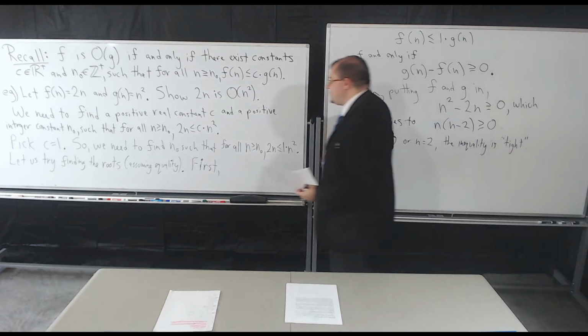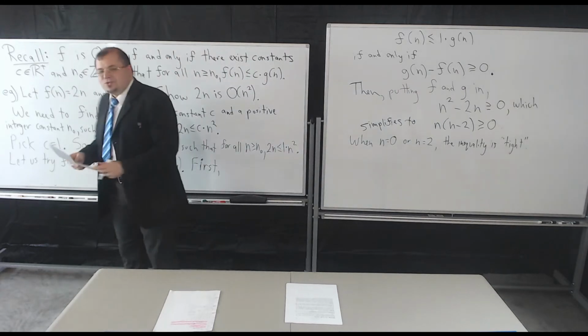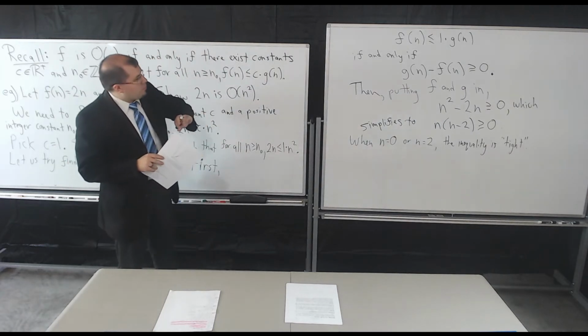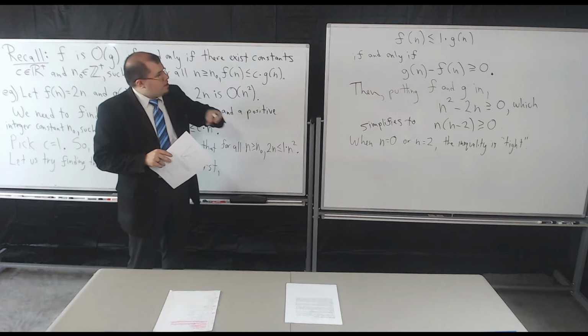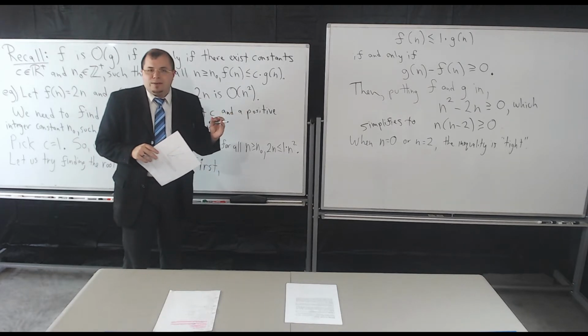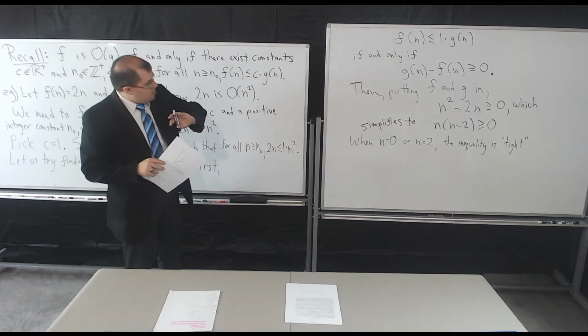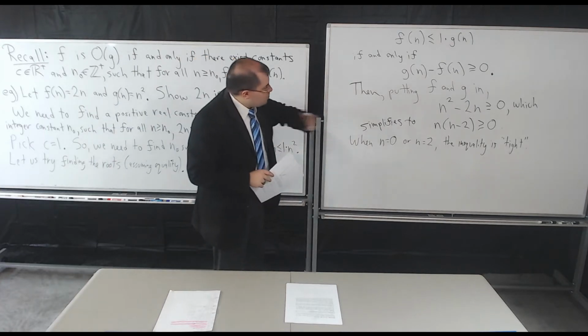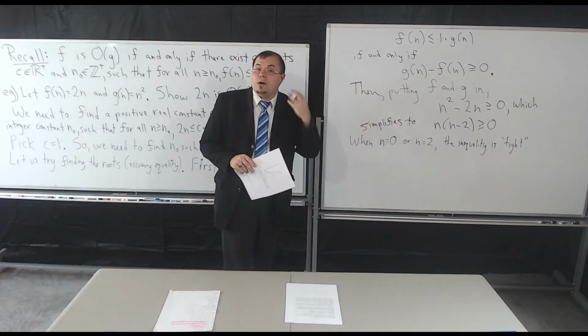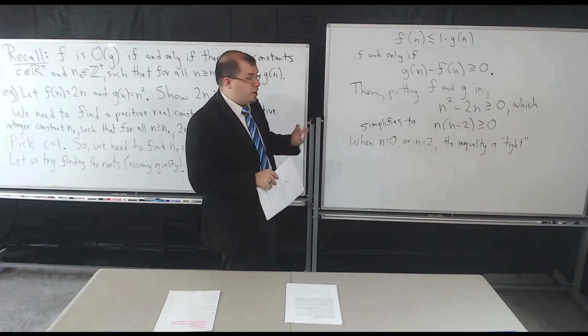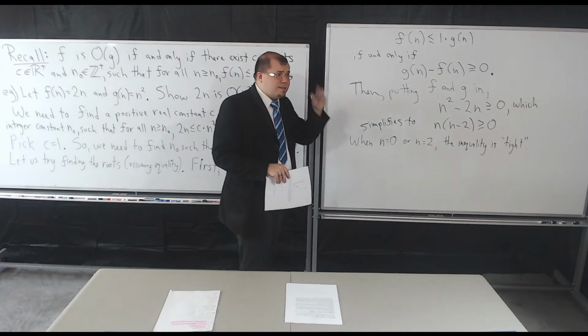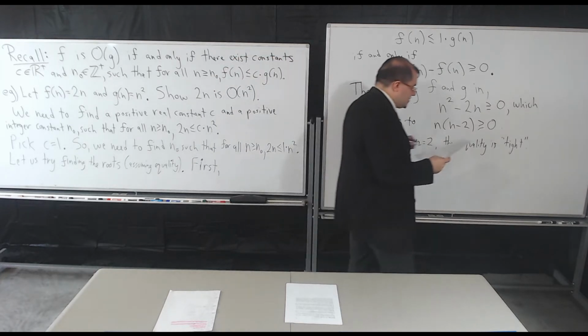I want the biggest of these two, right? Remember, when I drew my picture, I wanted the place for which g of n started beating f of n. It started dominating it. Well, it happens at the furthest of these two points, right? Because we know how a quadratic behaves versus a linear function behaves. So this is one implicit assumption we're making when we say this.